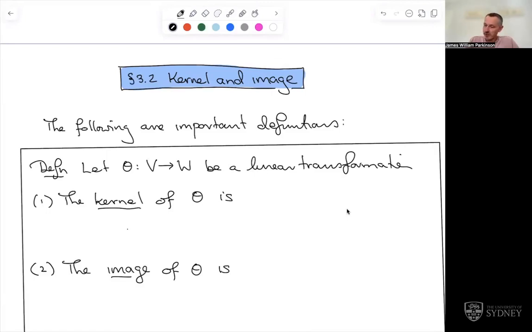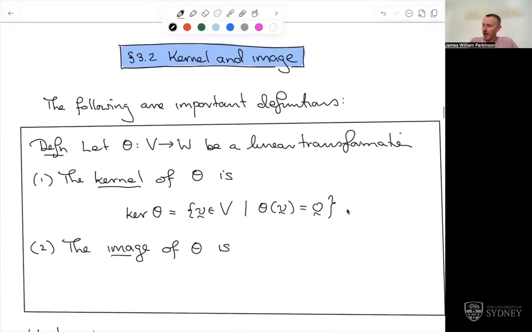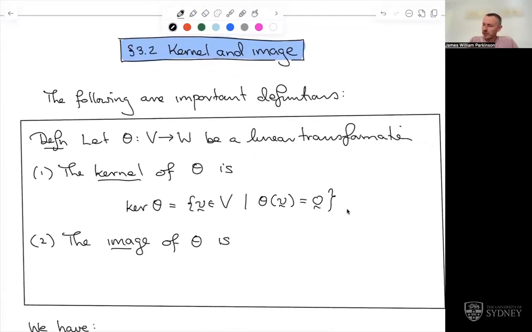So the kernel of theta is all of the v's in V such that theta of v equals 0. And the image is all of the outputs, so to speak. So the image of theta is all of the theta of v's such that v is in V.